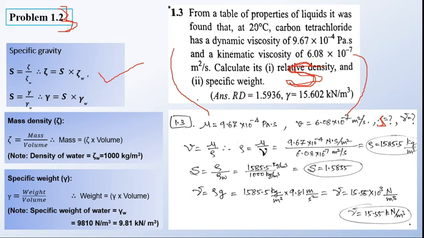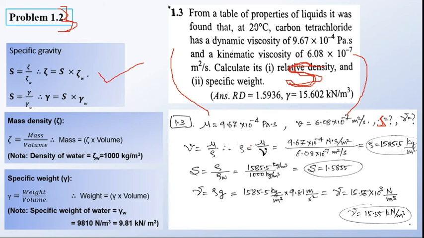The discrepancy is because of the value of g that will be taken. So need not worry, there is very slight difference between the answer given and what we have got. It is 1.5855.